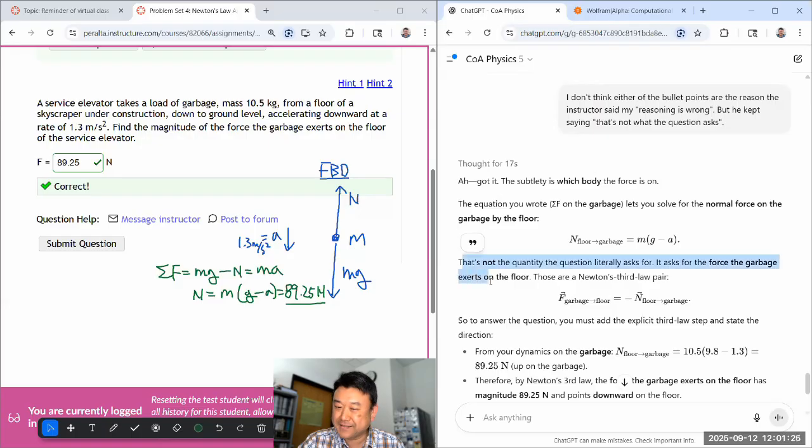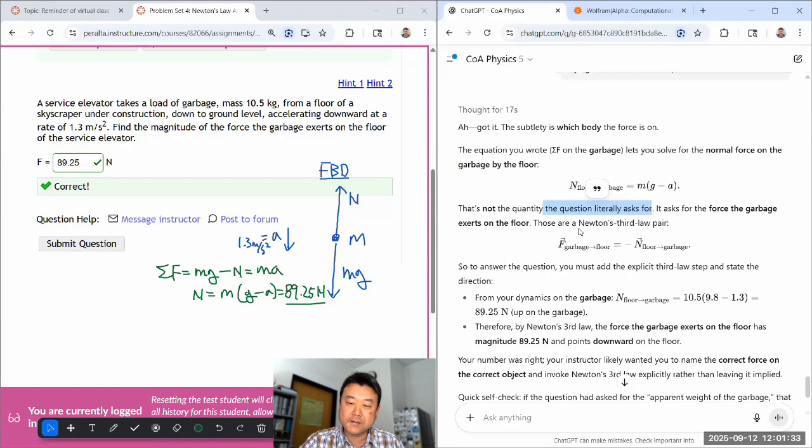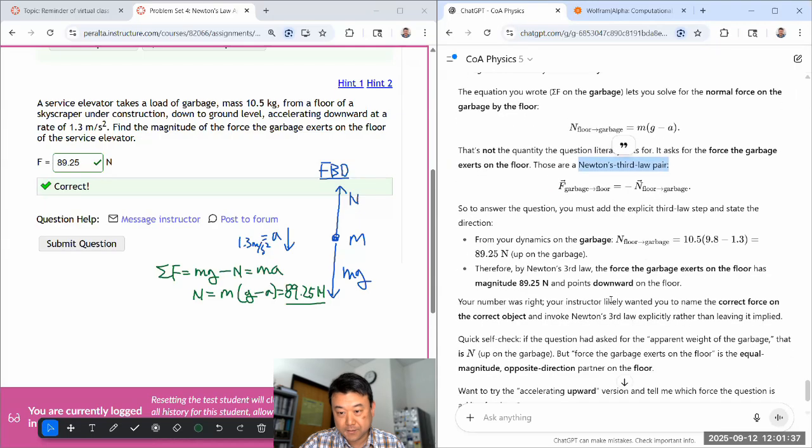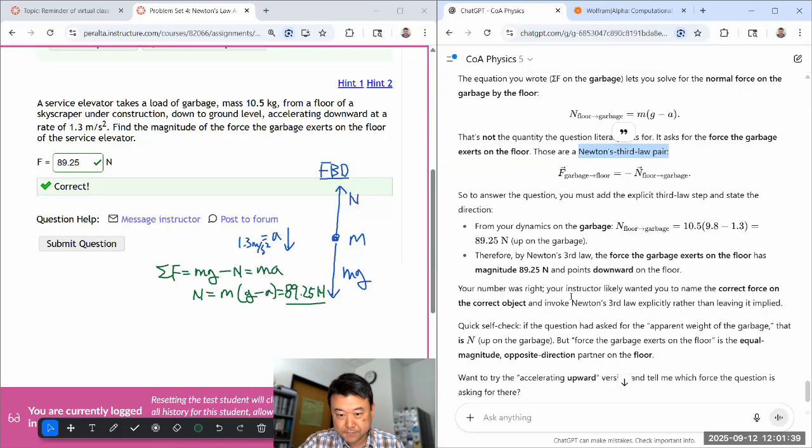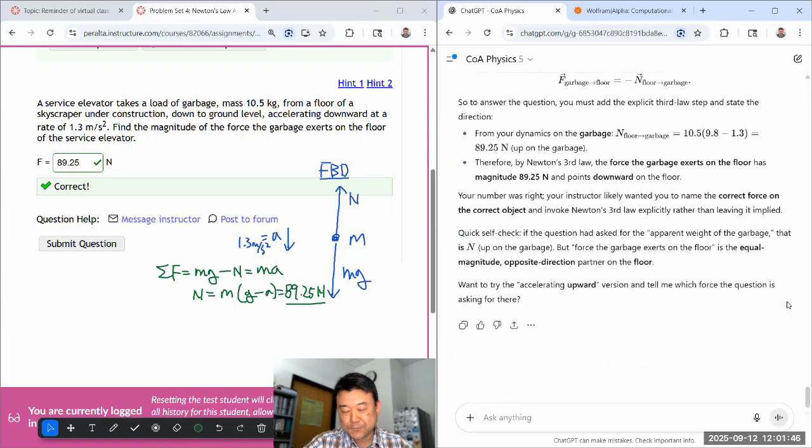The question literally asks for the force the garbage exerts on the floor, so you have to explicitly invoke Newton's third law to justify. Yeah, that's the correct answer.